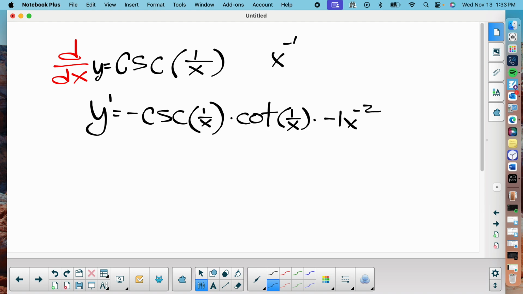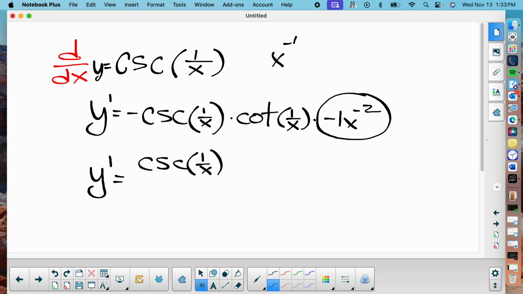And this last portion could absolutely be written differently. You could write that as negative one over x squared. Two different negatives turn to positive. So we would have cosecant 1 over x, cotangent 1 over x, all over x squared.